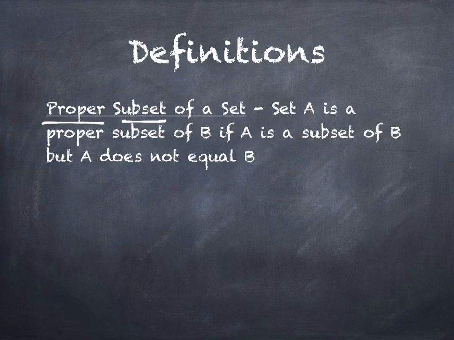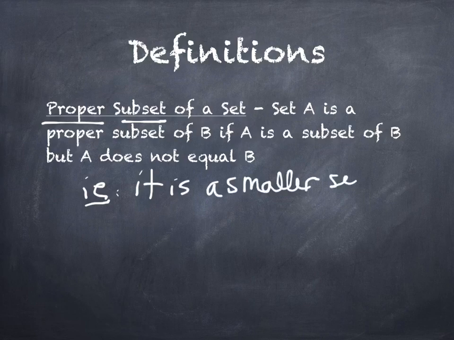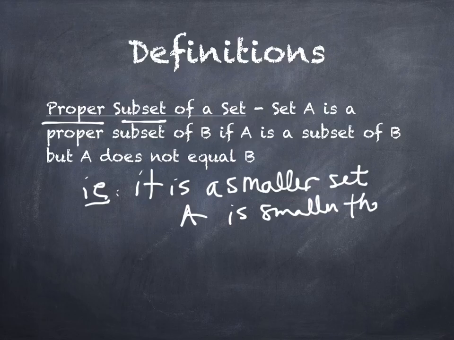So it's a proper subset if it's a subset, but it's not equal to the other set. I.e., it is a smaller set. That is, A is smaller than B.